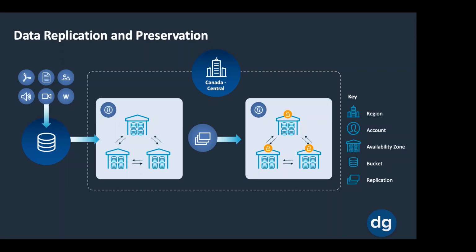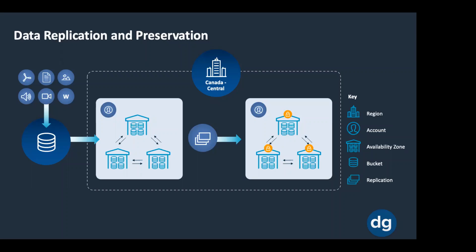Additional features will be available at higher storage tiers, such as cross-region replication. So you could basically have your data going to the same region, but you have an option if you want to send it to the other side of the world. Additional features available at higher storage tiers include object locking, which is basically WORM protection for a defined period of time.